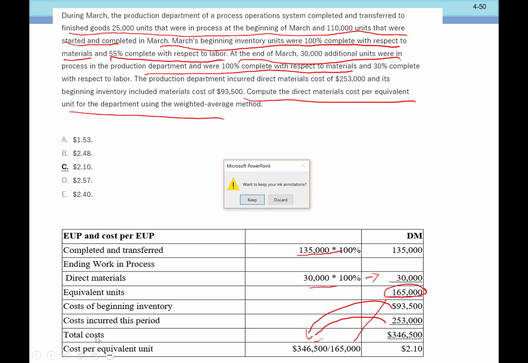These two together give you this number. And these two numbers are just during the month, and added these things. Yes. That's correct.